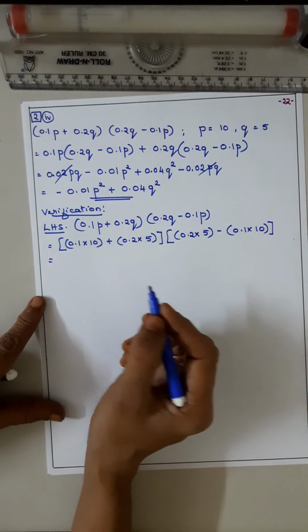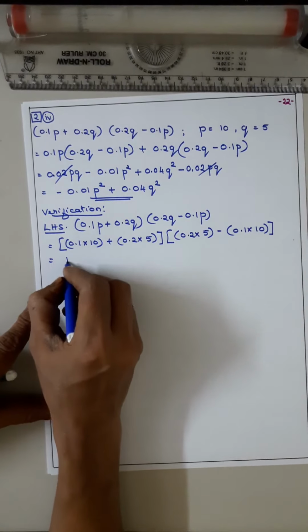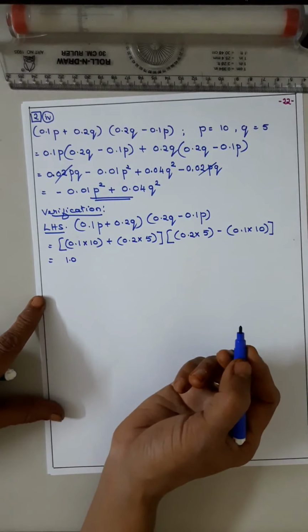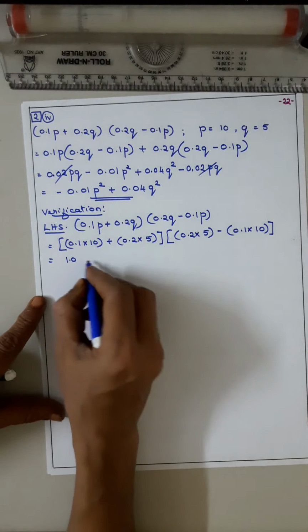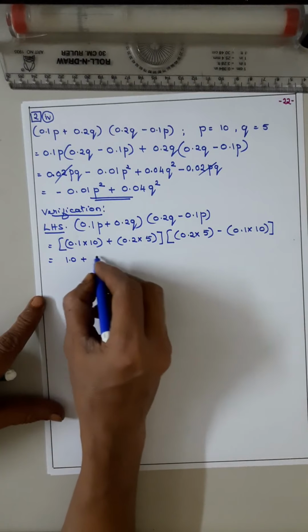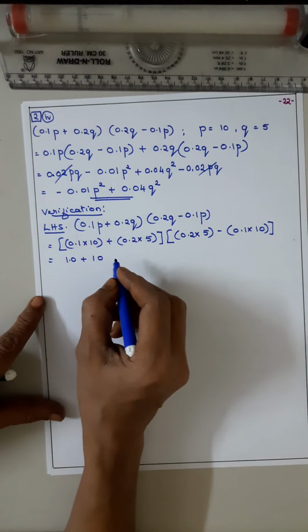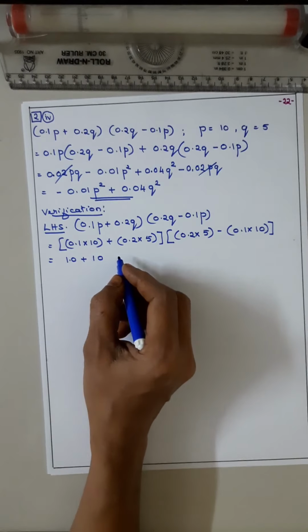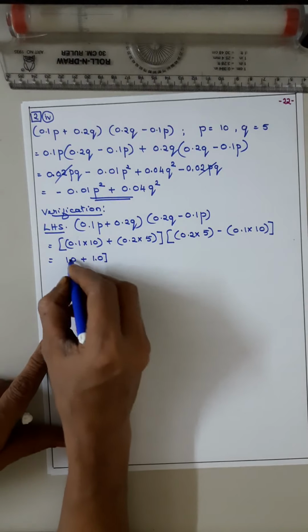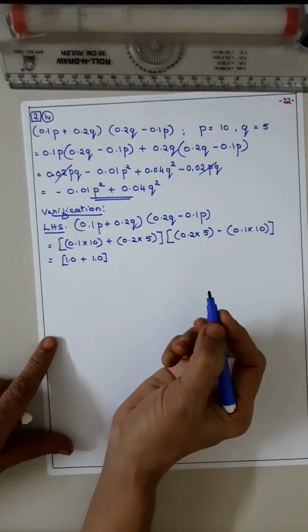Okay, now 10 ones are 10, but the decimal is 1 decimal, so 1.0, plus 2 5s are 10. Again, it is a 1 decimal, so it is 1.0.